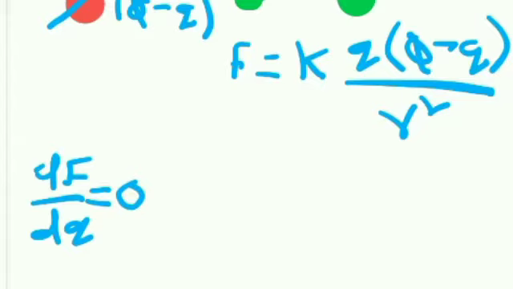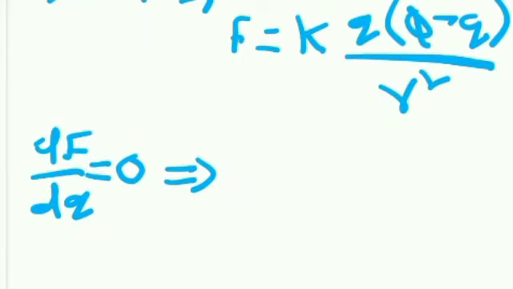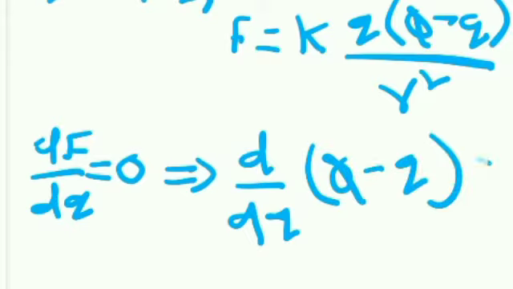Let K be constant, so now differentiating only with respect to q, dF by dq is d by dq of (Q minus q) into q.